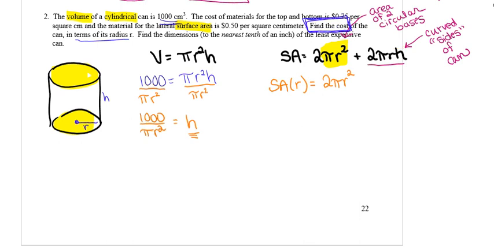But in my second term now, I've got to replace that h with its equivalent, 1,000 divided by pi r squared. So the 2 stays, the pi stays, the r stays, but the h, and I used a hard bracket there for no reason. If you want to use parentheses, parentheses are fine. 1,000 divided by pi r squared.